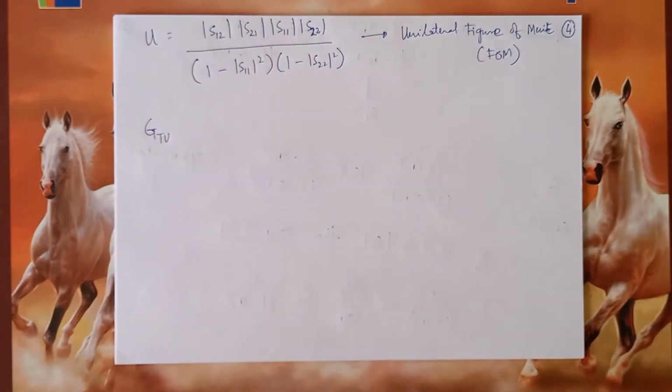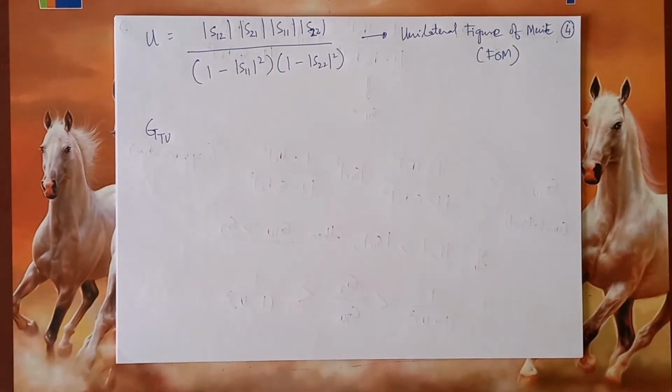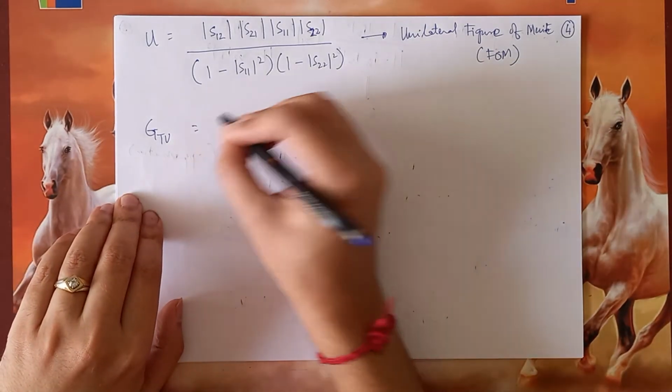In reality, there will be some gain which you will get that is different from GTU. But if the error is small enough, it's okay. So let us write down, using some S parameters, what is the GTU, and we already know the expression for that.